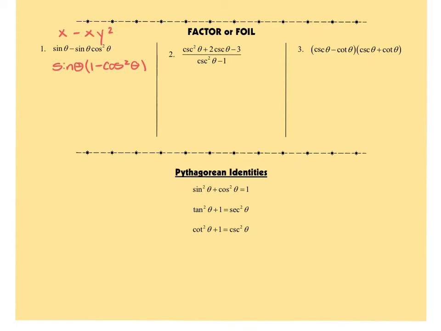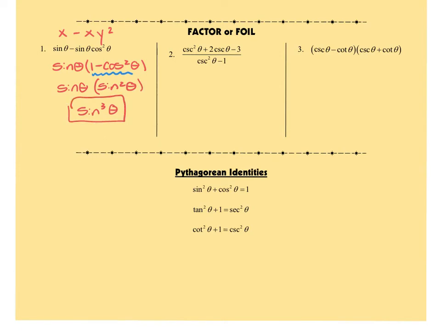That means that this piece right here could be replaced with a sine squared theta. And then, of course, I still have the original sine theta. And when I simplify that and just multiply those out, I end up with sine cubed theta. Remember, the cube comes before the theta, not after the theta.